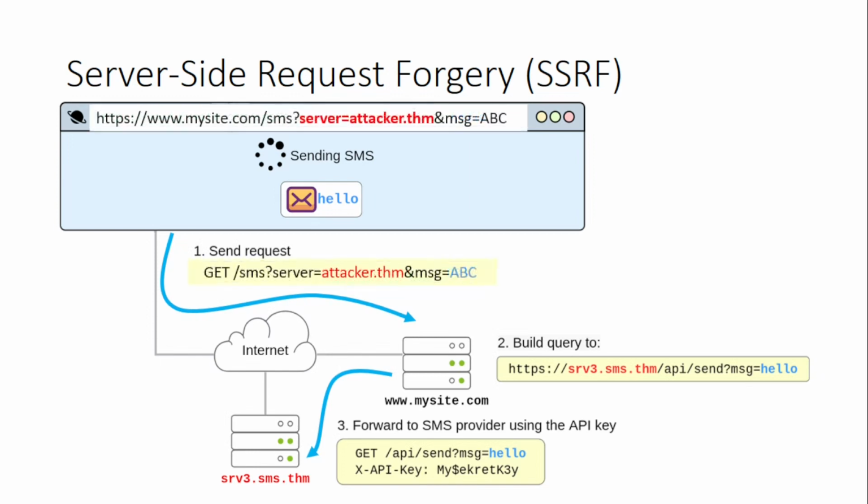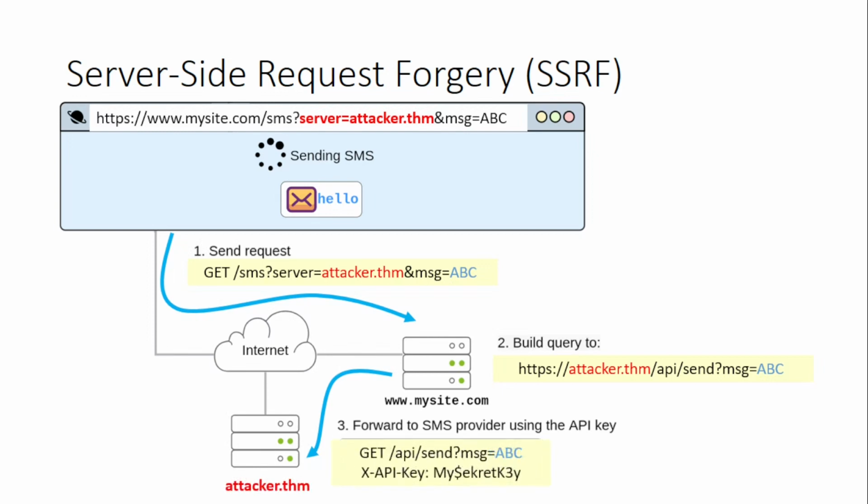The request would change first, and then when it gets to the web server, it changes the query. Once the server builds the query, it sends the new query to the attacker's server, allowing the attacker to obtain the API key. The attacker could then use this API key to use the SMS service to send messages at the expense of the emailing website.